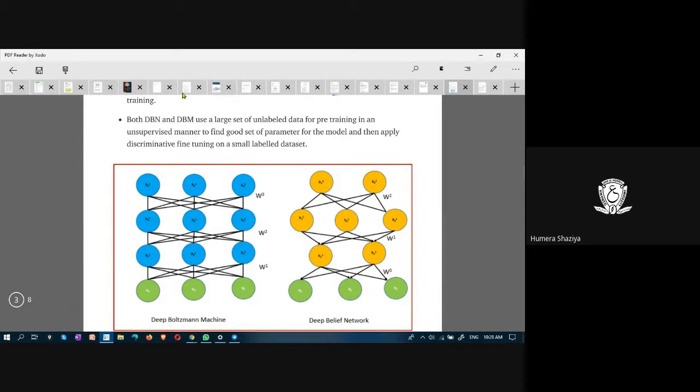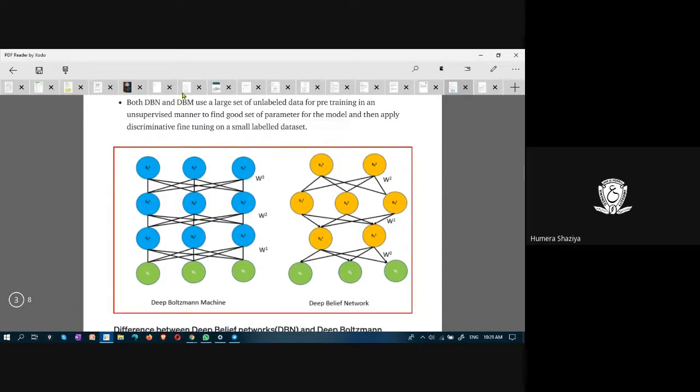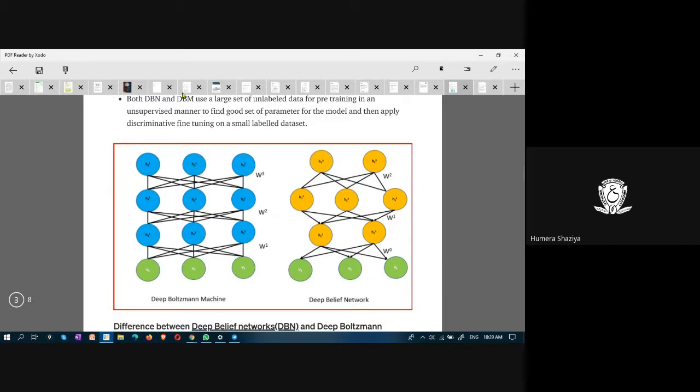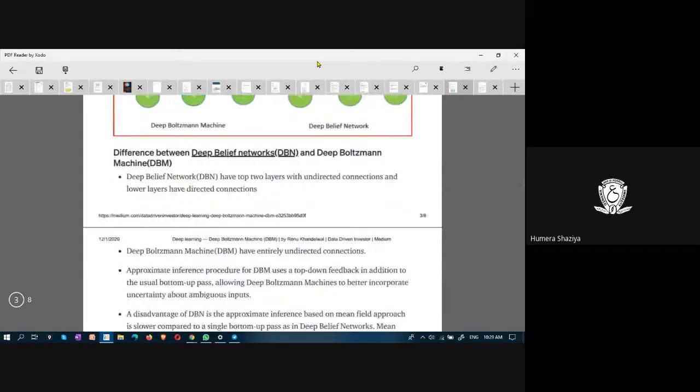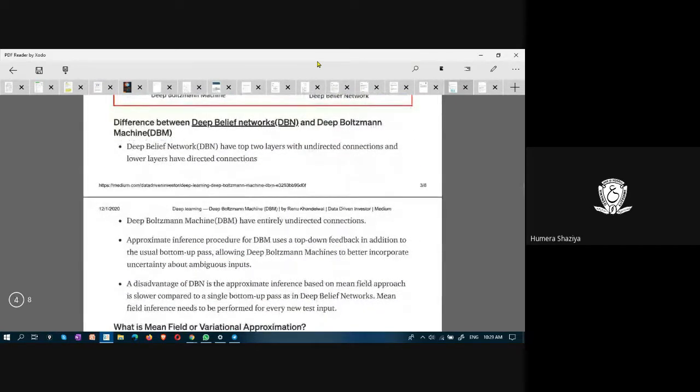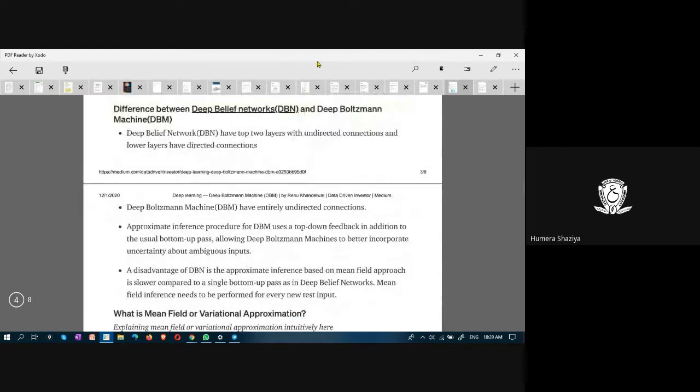For pre-training, and then apply fine tuning on a small labeled data set. It makes some changes, it improves the things. Okay, those were the similarities, and these are the differences.